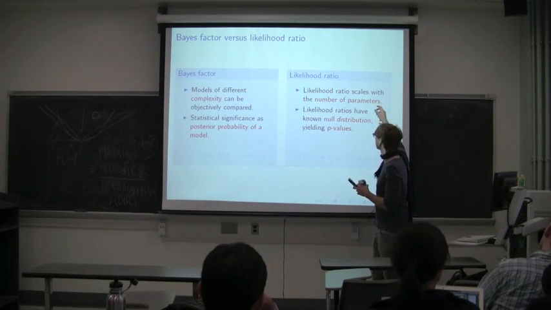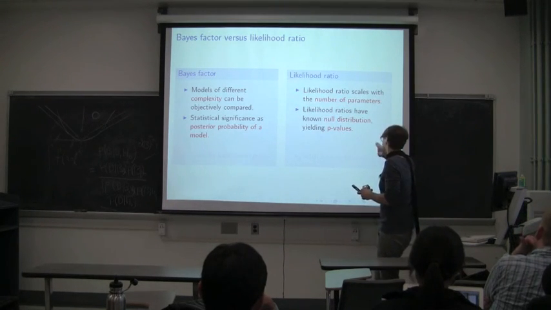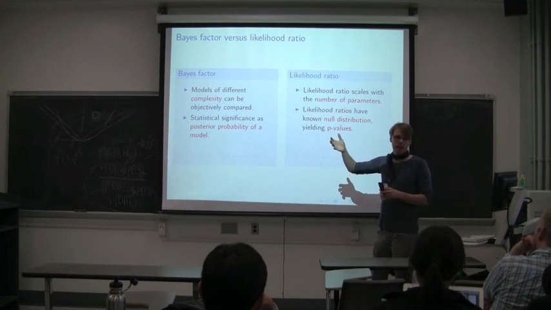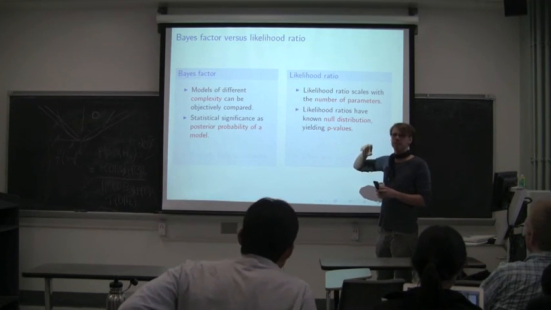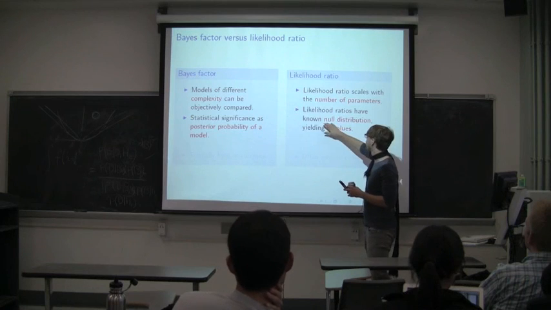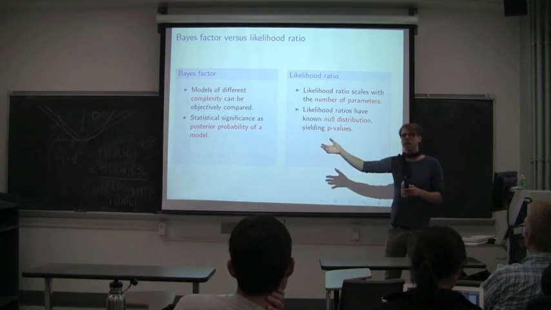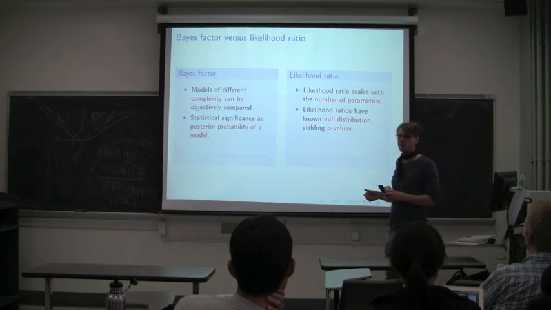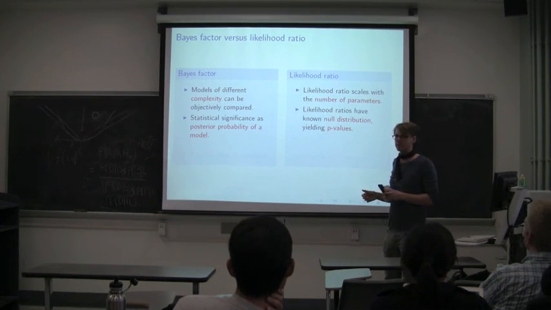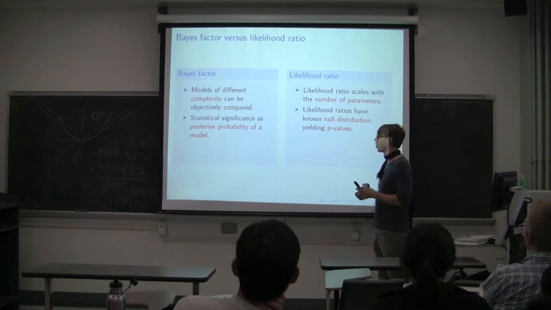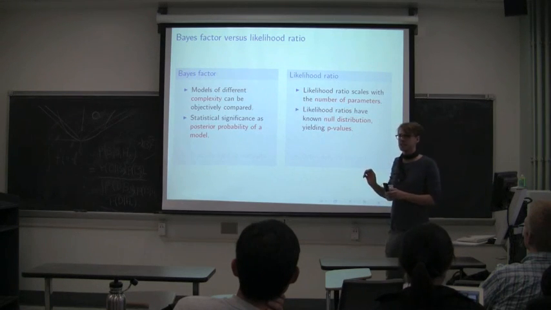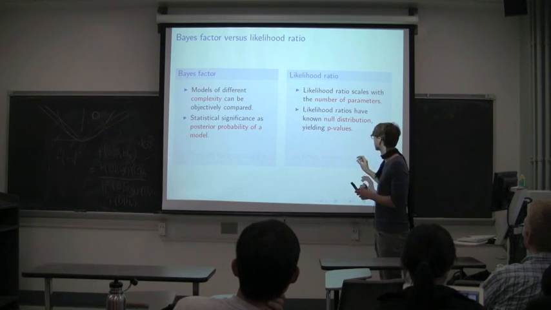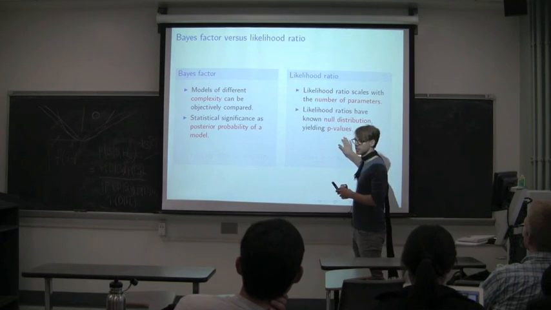But the nice thing is that asymptotically, for the large n case, for many samples, we know the null distribution because it's a chi-squared with d degrees of freedom, where d is the number of parameters, because n was the sample size. So we can compute p-values.